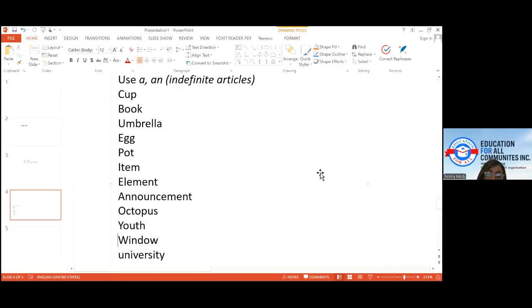Two consonants is not going to conform, I think. And if you say an university, the N is the vowel, I think, direct to the U. All right. I think. I don't know.